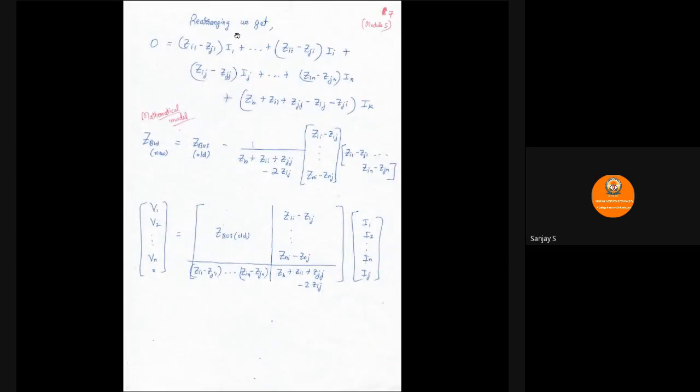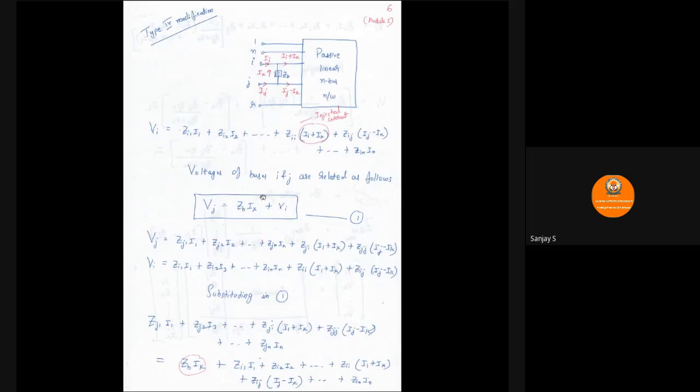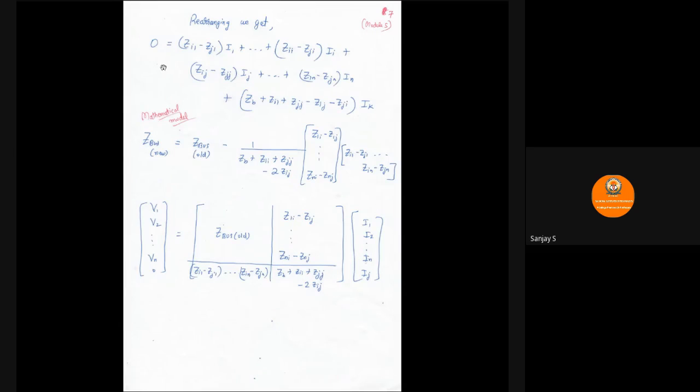Next we rearrange the same, bringing all the terms on the LHS onto the RHS. So I have 0 equal to (Zi1 minus Zj1) into I1, (Zii minus Zji) into Ii, followed by the remaining terms as we can see here.